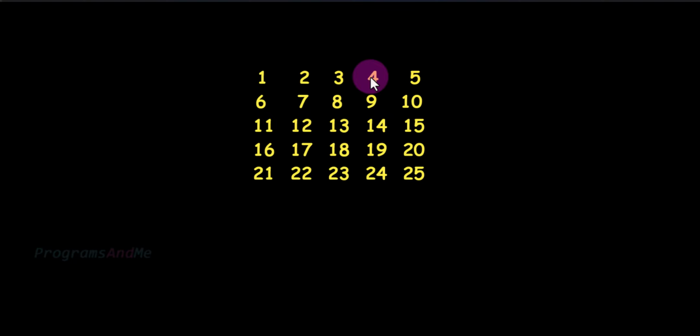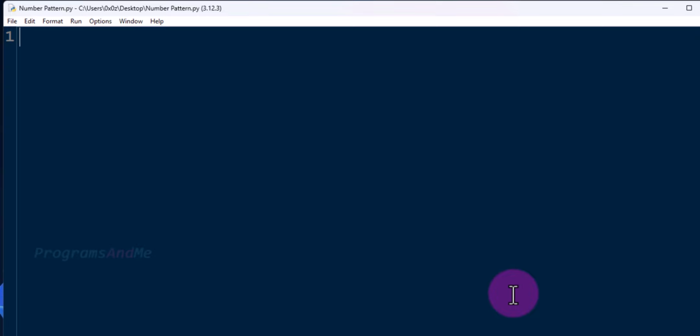Next, let's write the program. In Python, the first step in a pattern program is to ask the user to enter the input. So let's take a variable and use the input function. You can ask the user to enter the number of rows or number of columns, because the shape of the pattern is a square, so number of rows is equal to number of columns.